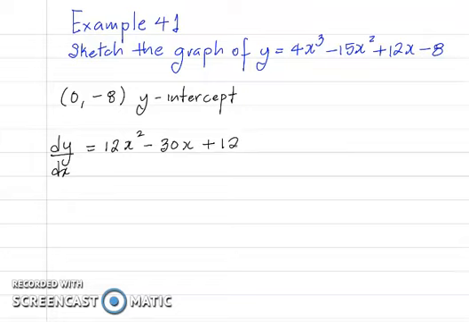All right, and the reason I have to find dy by dx is because at the maximum and minimum turning points, dy by dx is equal to 0.